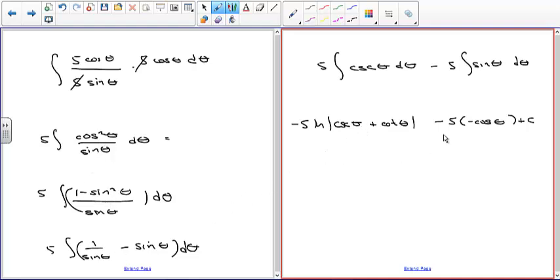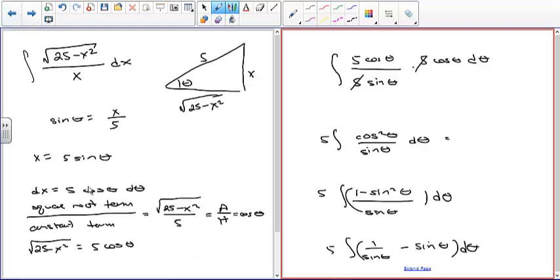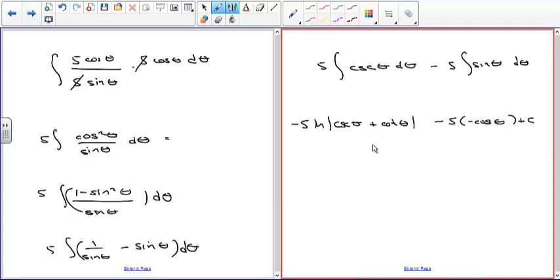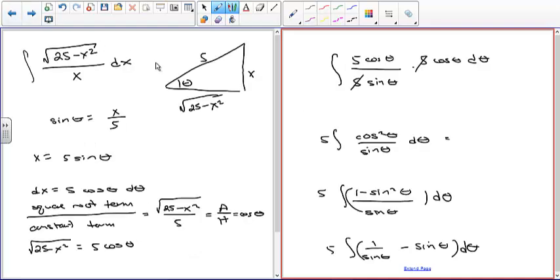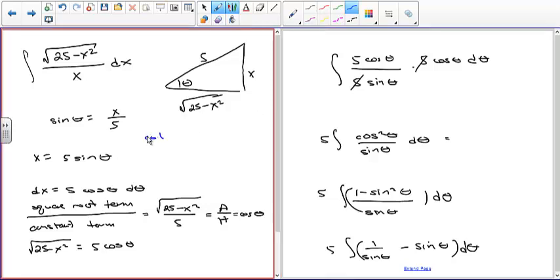Now the problem we have is that if we go back to look at our original substitution, we have the cosine of theta and the sine of theta, but we don't have the cosecant or the cotangent. So what you'd do is go back here and say, okay, the cotangent is going to be the adjacent over the opposite, and the adjacent side is the square root of 25 minus x squared, and the opposite is x.